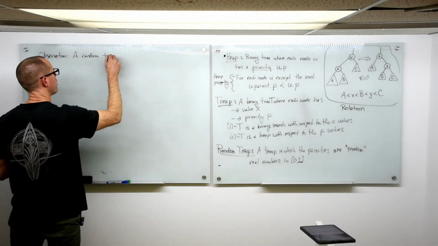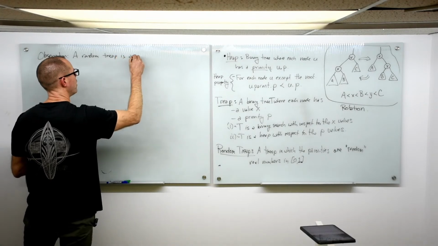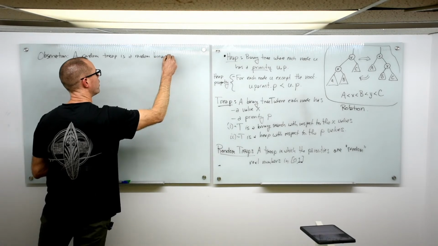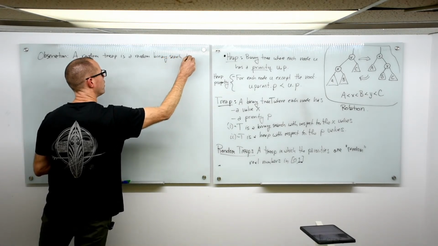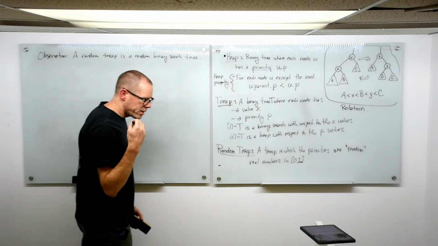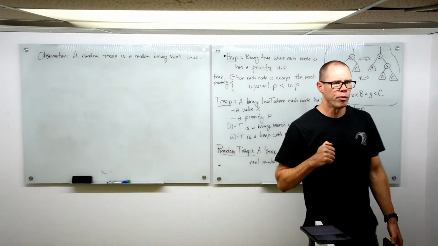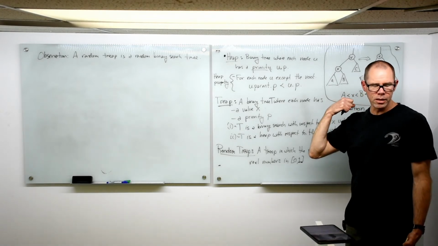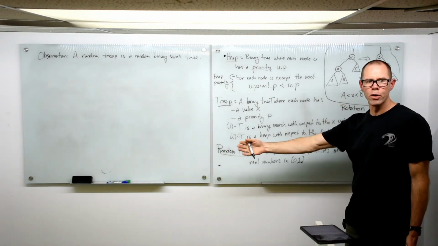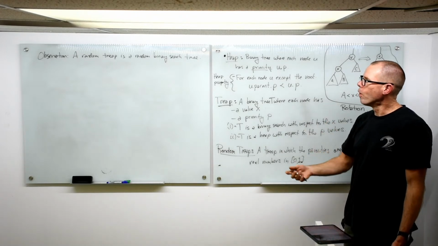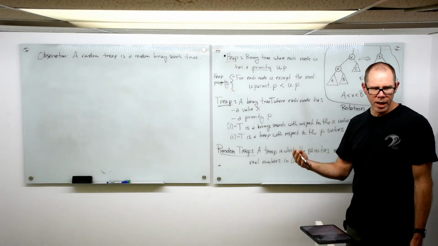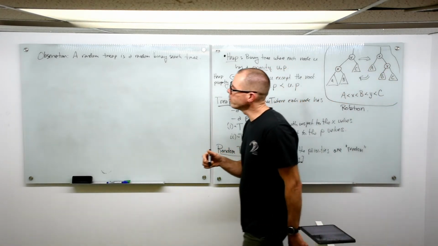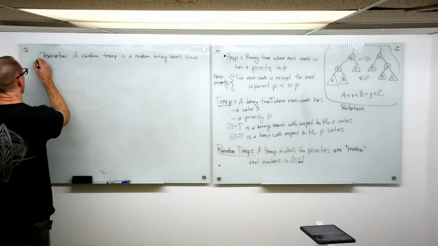A random treap is a random binary search tree. Because it has exactly the same distribution of shapes we would get if we just took the keys, ordered them randomly, and then inserted them one after the other. But instead of doing it that way, we gave them random priorities and then made sure that they had the heap property. But we get the same thing in either case.